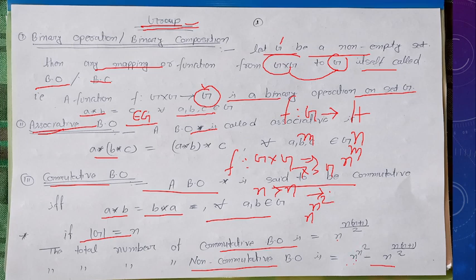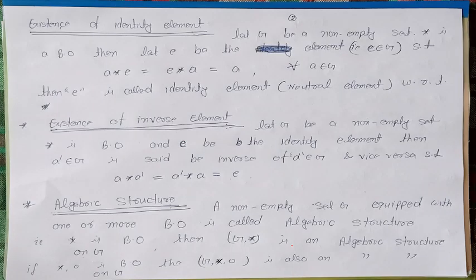So if you subtract the total number of commutative binary operations from n to the power n square, the total number of functions, then you get the number of non-commutative binary operations.